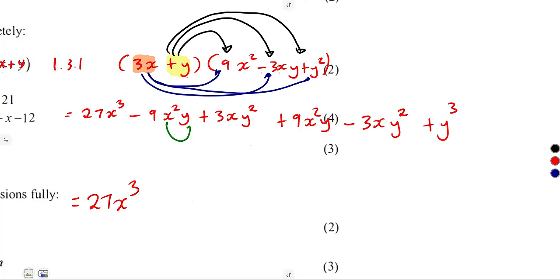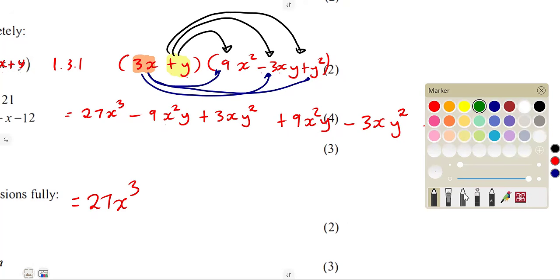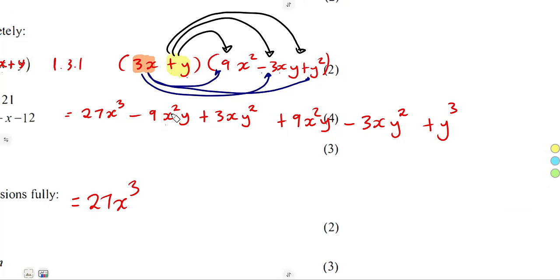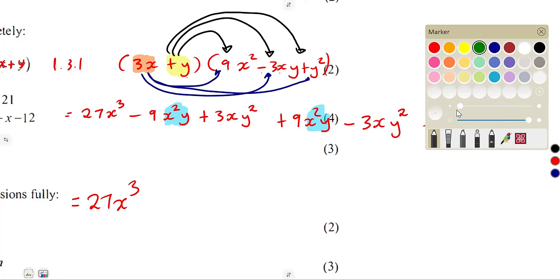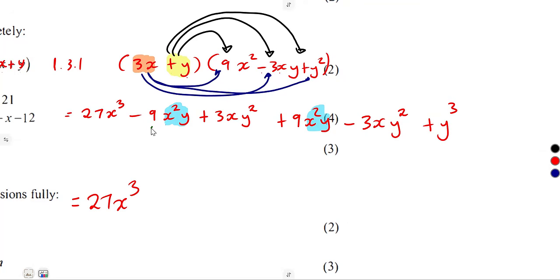Those are like terms: same exponent, same variable as given. So if we simplify that part, that is negative 9 plus 9. As you can see, this was going to cancel. Minus 9 plus 9 is 0 there.